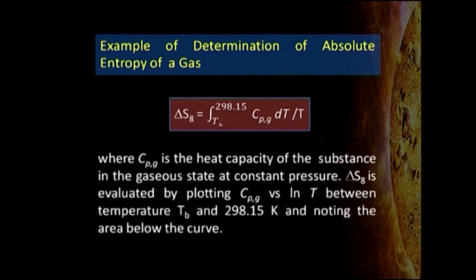Delta S8 is evaluated by plotting Cpg versus natural log T between temperature Tb and 298.15 Kelvin and noting the area below the curve.